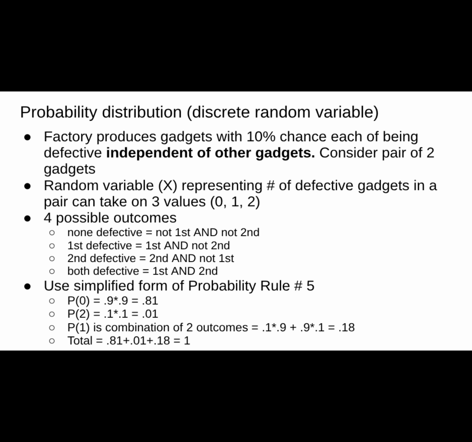P of 2, both being defective, is 0.1 times 0.1 equals 0.01 or 1%. And P of 1 is the combination of the 2 other outcomes, only the first being defective or only the second. So it's 0.1 times 0.9 plus 0.9 times 0.1 equals 0.18 or 18%. And of course the 3 probabilities add up to 1.